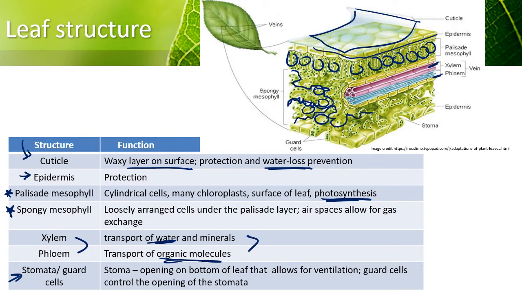We need to get gases in and out, and that happens through these spaces called stomata. The stomata can be opened and closed by these guard cells. So guard cells can swell closed, or they can open back up, and the gases can get in and out. Again, carbon dioxide is going to diffuse in so that we can carry out the Calvin cycle. Oxygen will diffuse out because it is a waste product from photolysis.